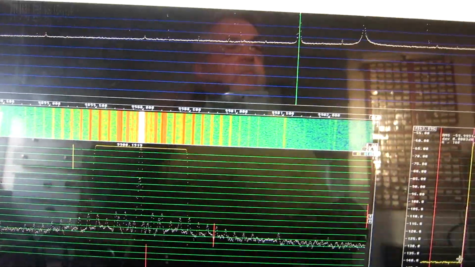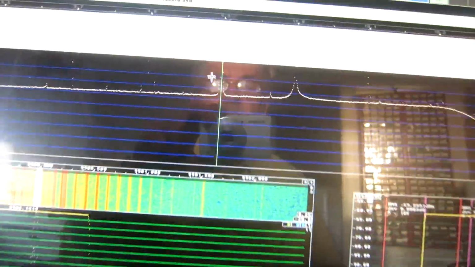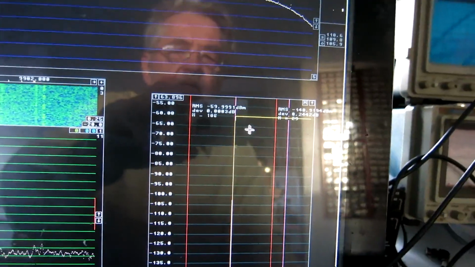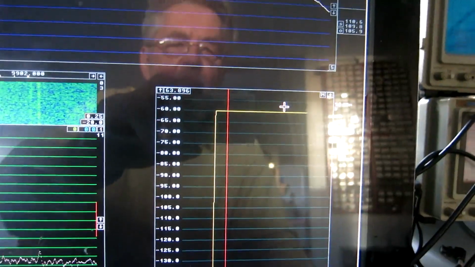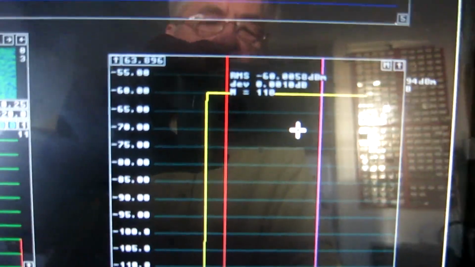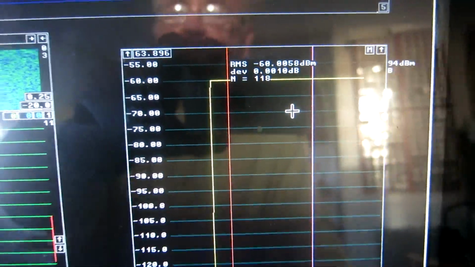Then I look at the Linrad screen, and we have this injected signal here, and I have set calibration some time ago. Hopefully it was stable. Yes, so I read minus 60 here.